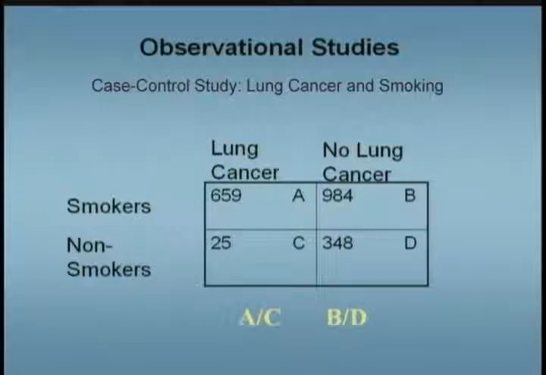Well, wait, if that's an odds, A divided by C, and that's an odds, B divided by D, what's the odds ratio? Well, that's easy. A divided by C, divided by B divided by D. Divided by, divided by, divided by. Now, that's correct, but isn't that just way too many divided bys?